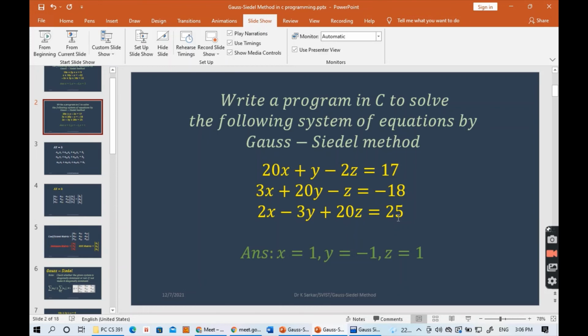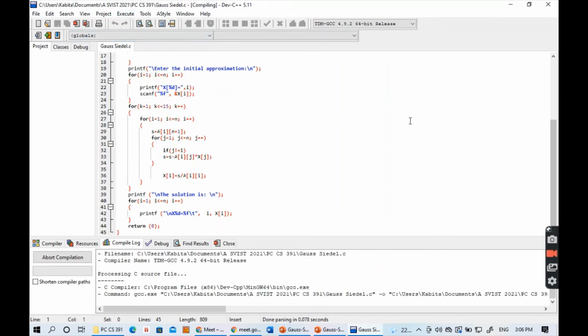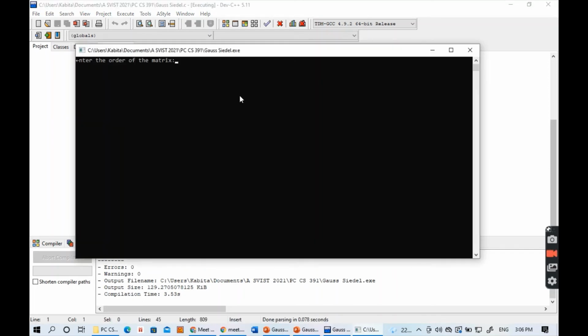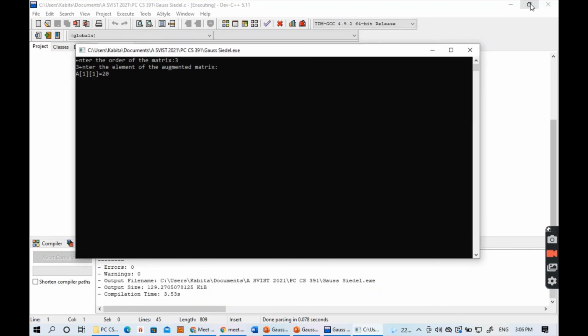So let us execute and run. Order of the matrix 3. A11, 20. A12, 1. A13, minus 2.